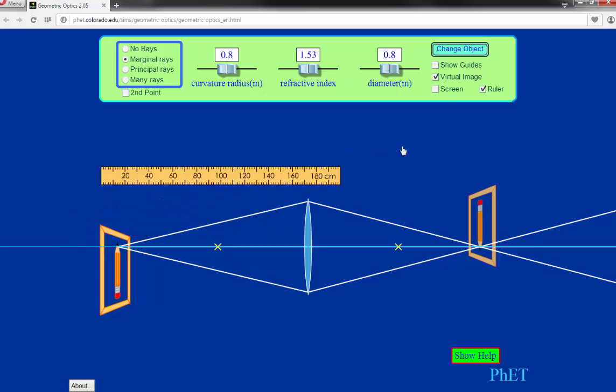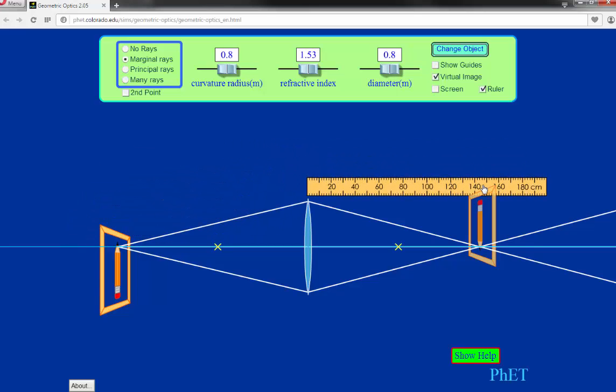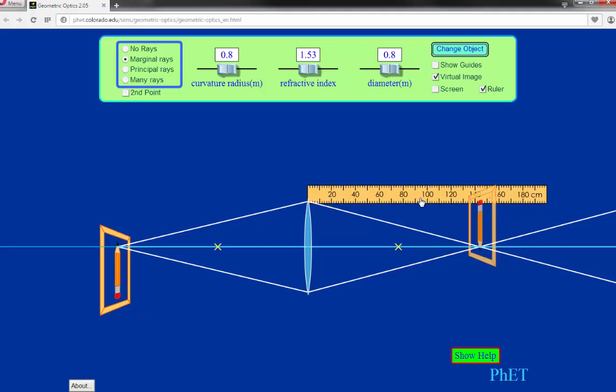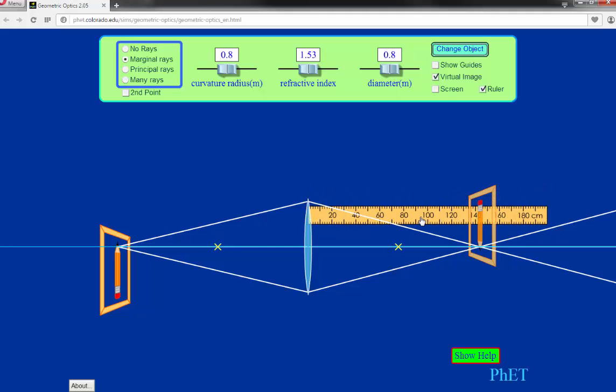So how far away is the pencil's image being formed? Well, we stick this guy here, and we have to sort of look, and there we go. It appears to me that it's crossing pretty close to the 142 centimeter mark over here.